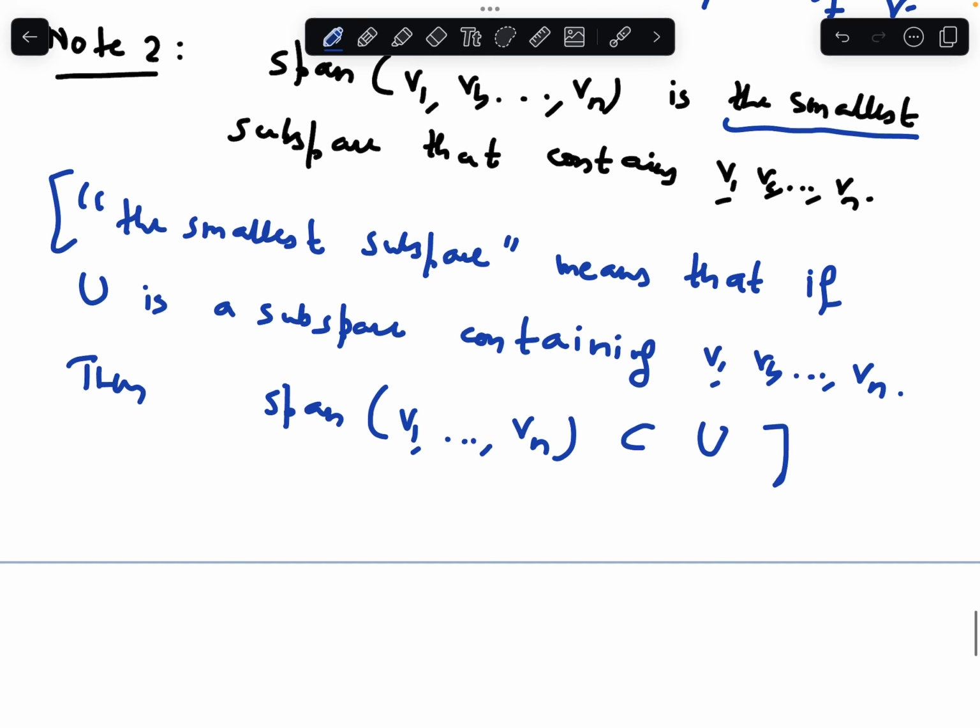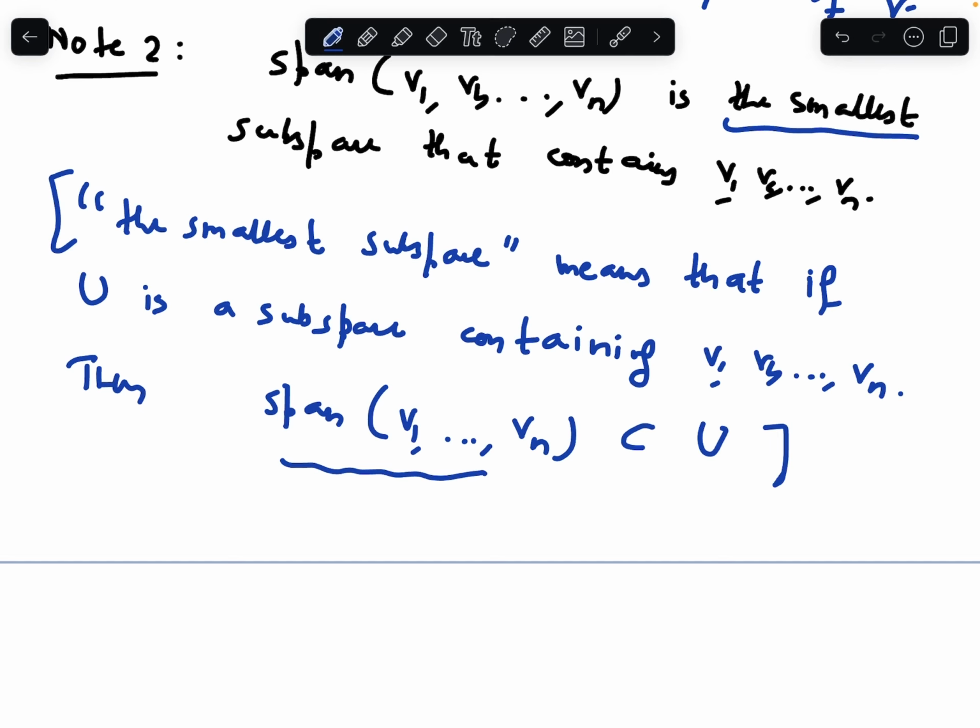Right? So do you understand why the smallest, this word here, the smallest is justified? Because you take any subspace which contains V1, V2, Vn, and you'll find that span is sitting inside it, right?